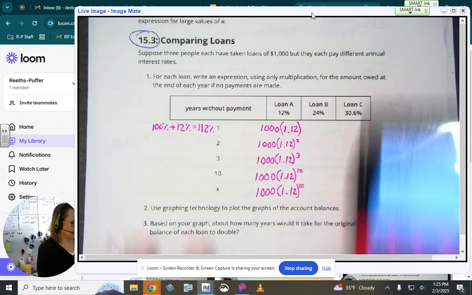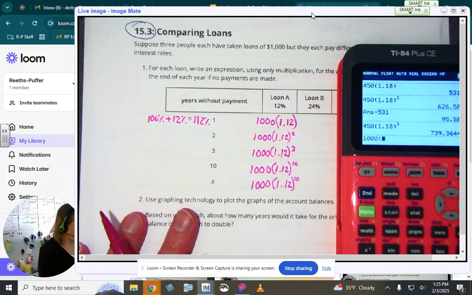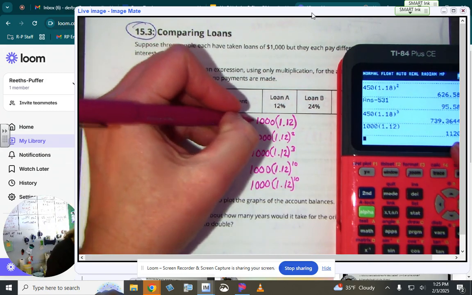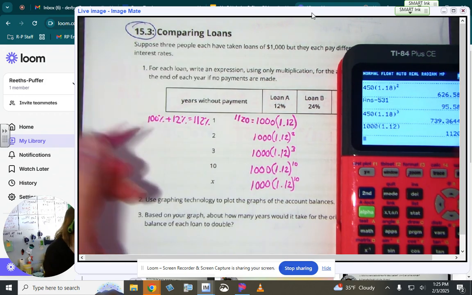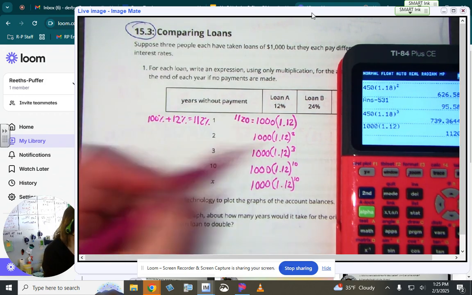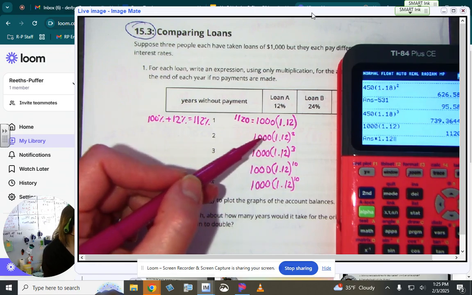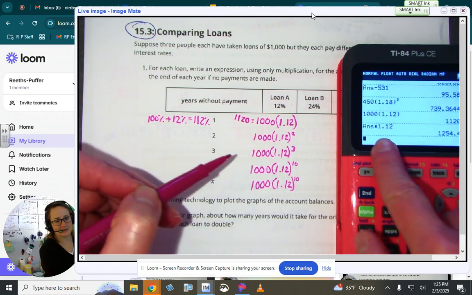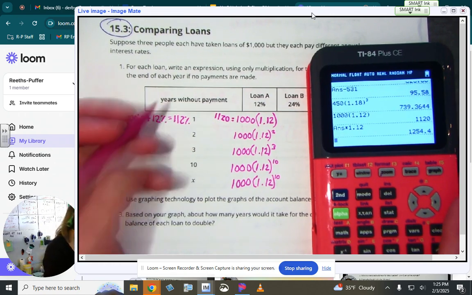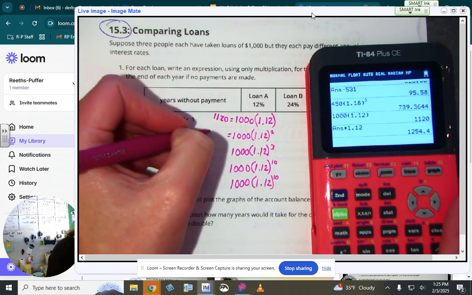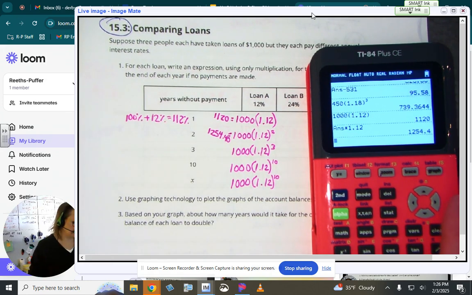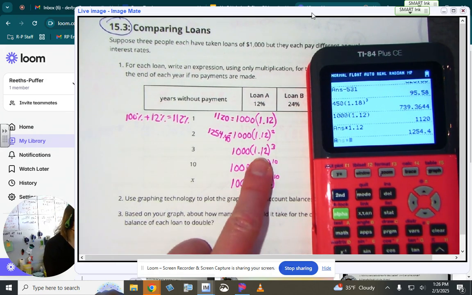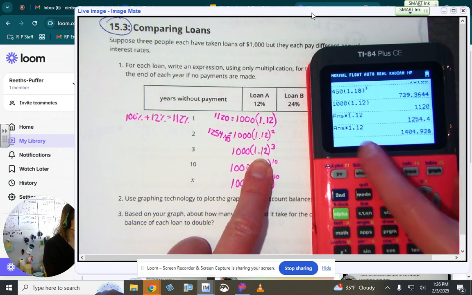All right, so 1,000 times 1.12. This person owes, after 1 year, $1,120. After 2 years, we're just going to multiply that by 1.12 again. And that becomes $1,254.40. In year 3, we need to multiply 1.12 again.